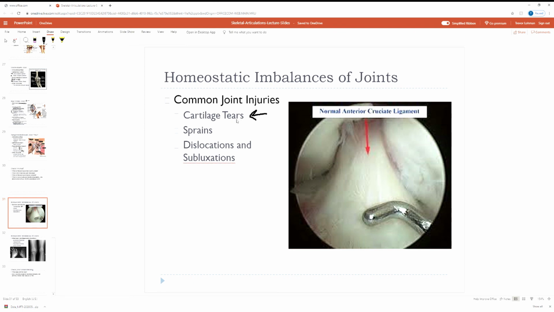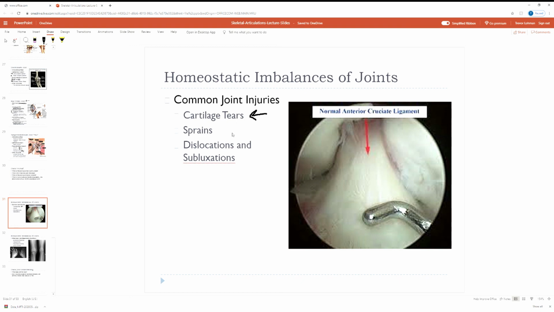But it's also not innervated, so it's not terribly painful, at least not at first. Typically the telltale sign is some blocking or catching of a joint because that cartilage tear is getting stuck and preventing fluid motion of the joint. And that can take some time to heal, potentially surgery depending on the severity.